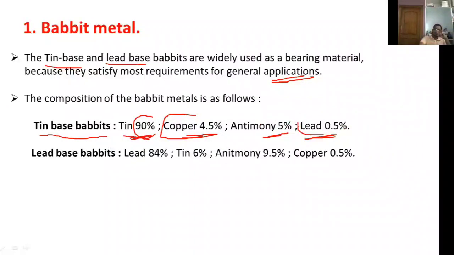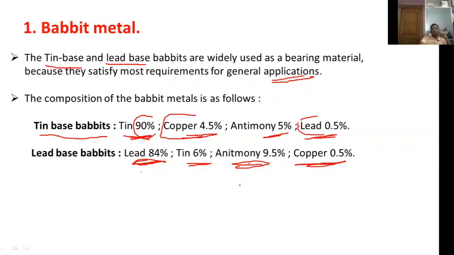Similarly, in lead based babbitts, we are using 84% lead, 6% tin, 9.5% antimony and 0.5% copper.